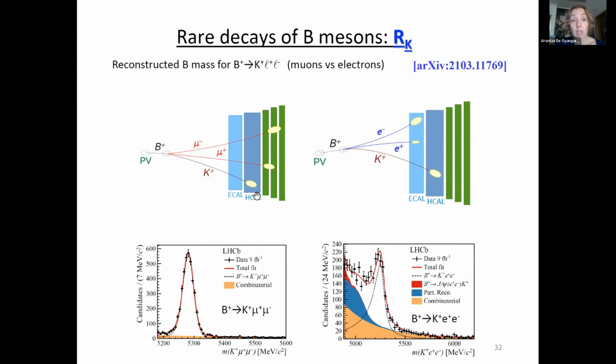Each of them gives signals in different detectors. In the case of the muons, you will have signals in the muon chambers. In the case of the electrons, you will have signals in the electromagnetic calorimeter.